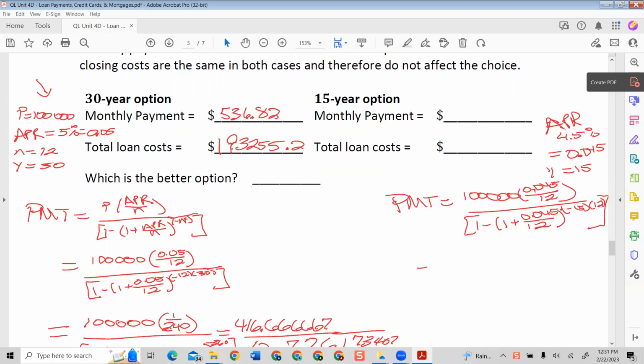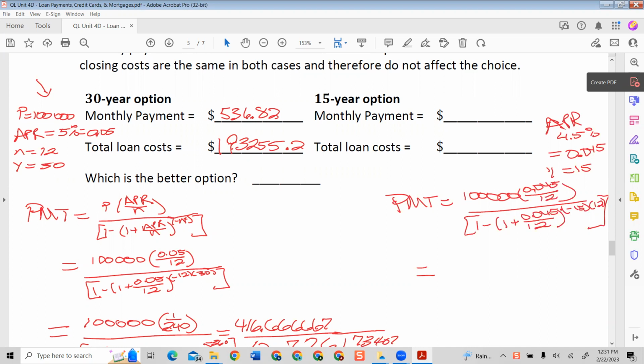All right, so I'm going to just go ahead and get my numerator. So I got 100,000 times that fraction. And that's all divided by, in the denominator, 1 minus.